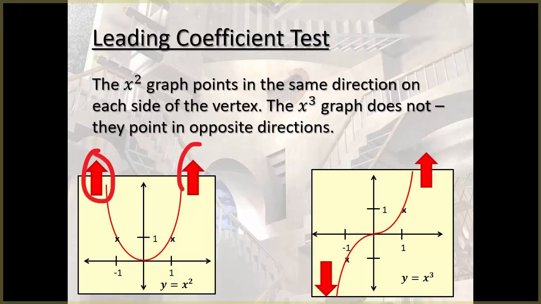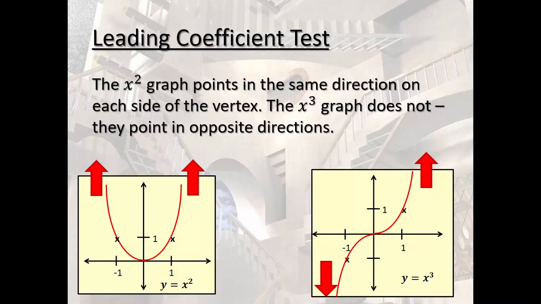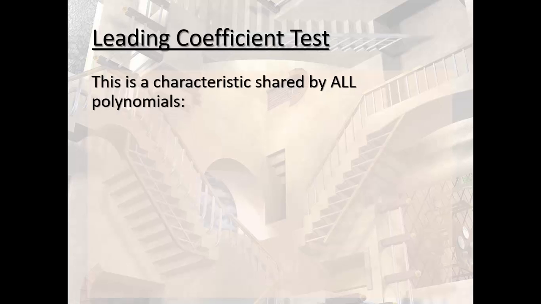They're both going to go in the same direction, whether it be up or down. Okay, as opposed to an odd power where one side goes up and one side goes down. It's going to be true for all of them. Yes, this is a characteristic shared by all polynomials.